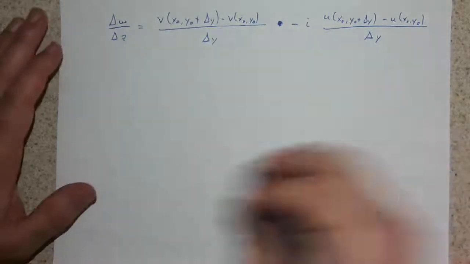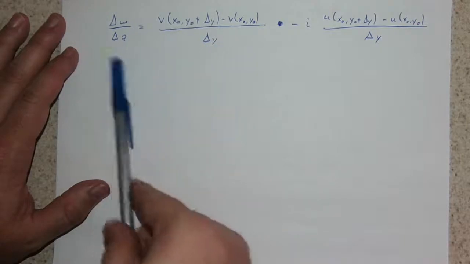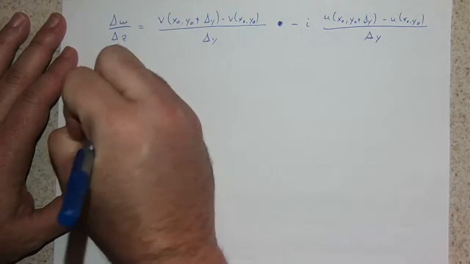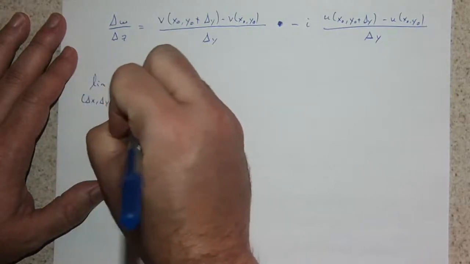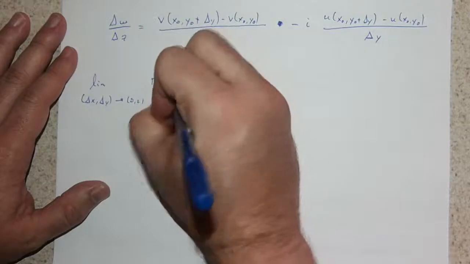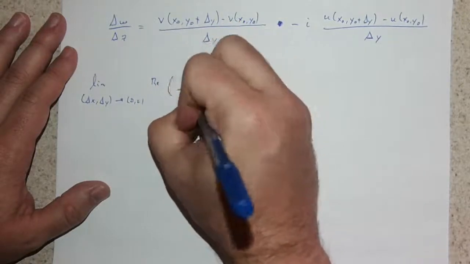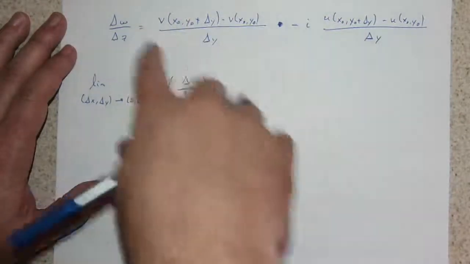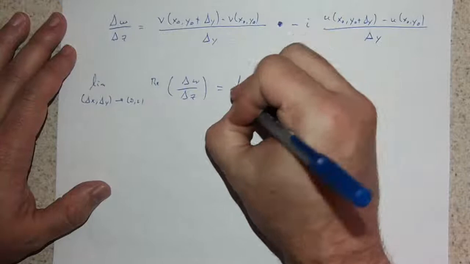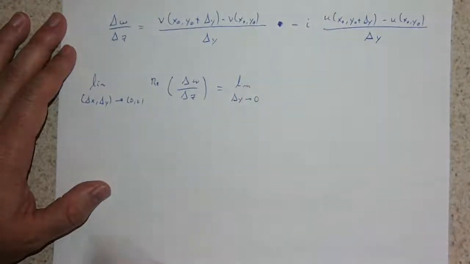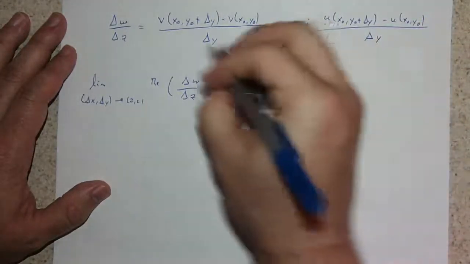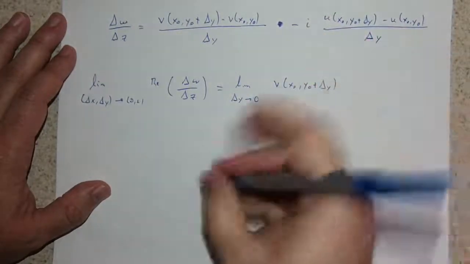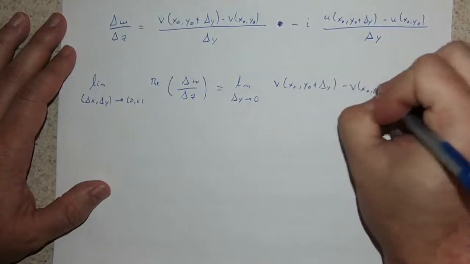Now we look at the real part of this and the imaginary part, and we take the limits. So the limit as delta x, delta y approach 0, 0 of the real part of delta w over delta z is the same as the limit as delta y approaches 0 of v of x naught y naught plus delta y minus v of x naught y naught over delta y.